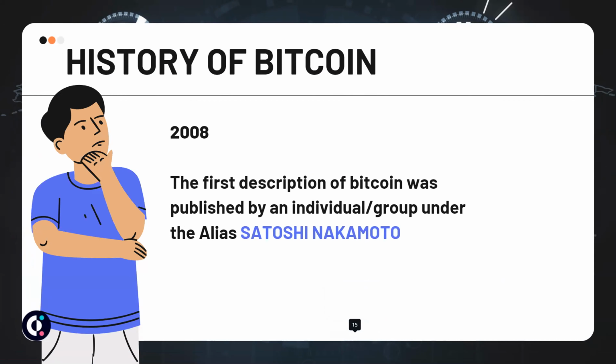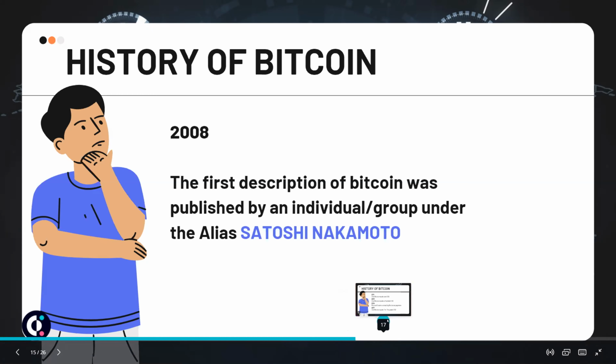Like I said earlier, he and his team were the first. I can't tell for sure if he was working with a team or alone, but if you ask me, I'll say he was working with a team. They started this great movement, and he was the first person that started Bitcoin, which is digital money. Next slide.